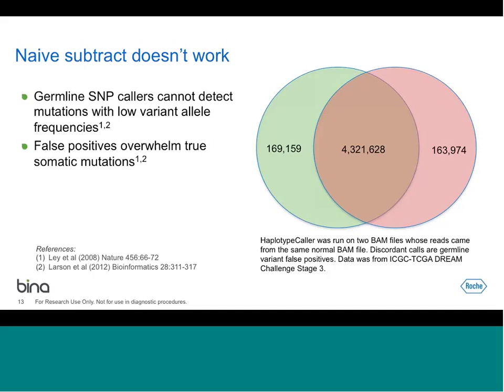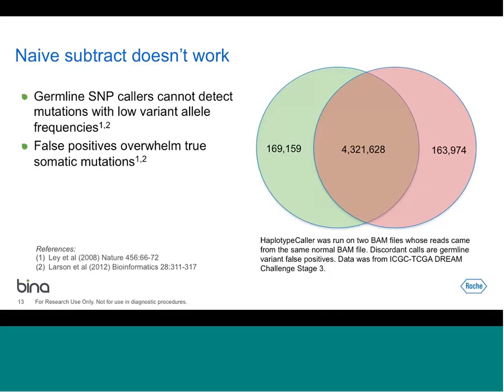Now, in the early days of next generation sequencing, we had genotype callers that were developed before somatic callers, and I and many other people have tried to look for somatic mutations by a simple approach, now termed naive subtract.